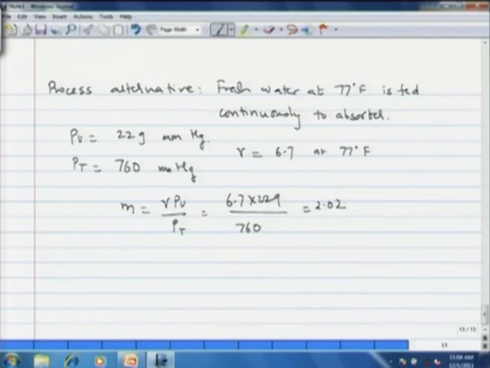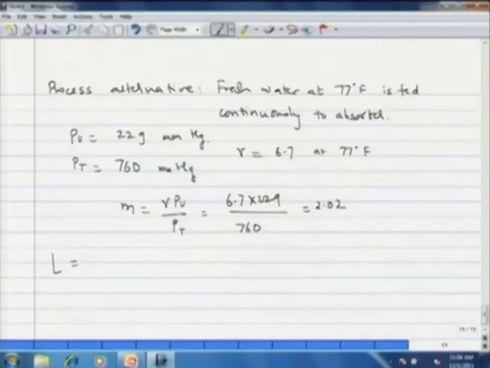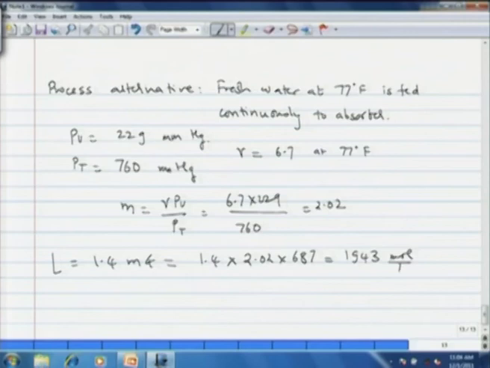And then for the molar flow rate of 687 moles per hour of air, the liquid water flow rate that is required is L is equal to 1.4 into m into G, that is 1.4 into 2.02 into 687, that is 1943 mole per hour.